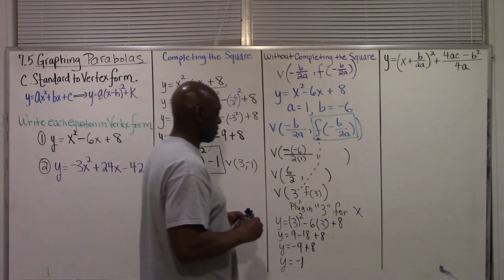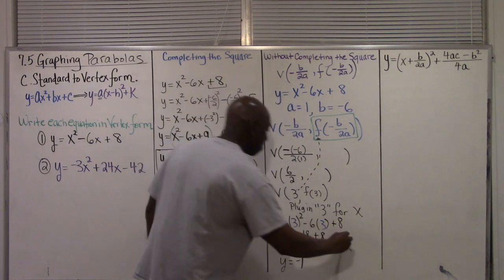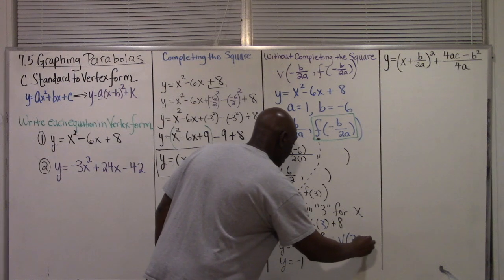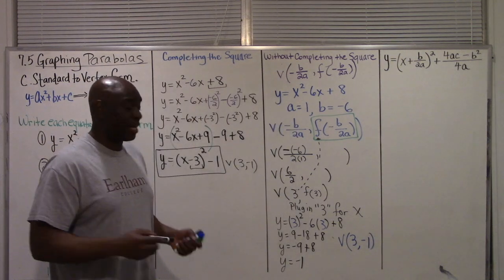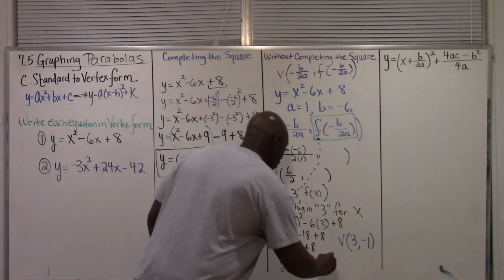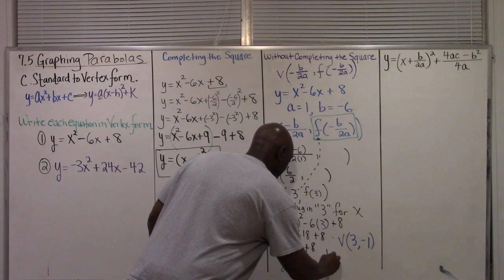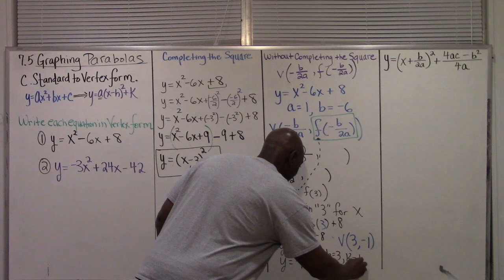So the vertex is 3, negative 1. So you got it now. Watch this. So we know that h is 3. You know k is negative 1.